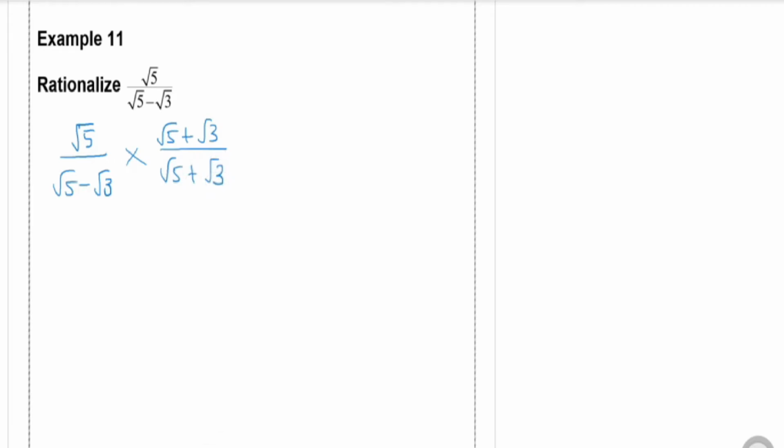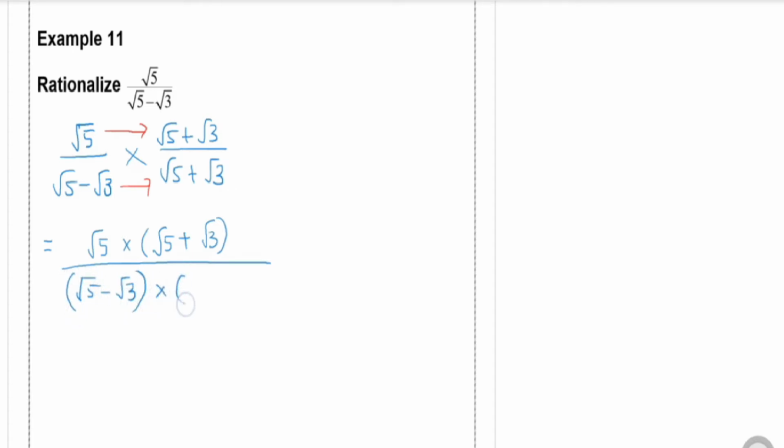So next, what we need to do is to multiply the numerators together and the denominators together. So it will be √5 times (√5 + √3) over (√5 - √3) times (√5 + √3).